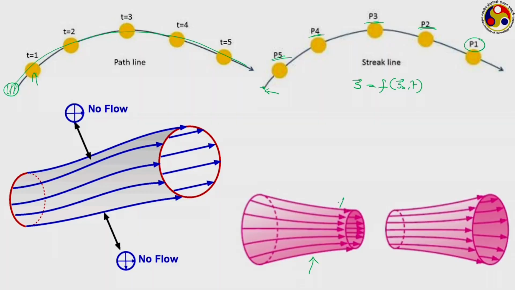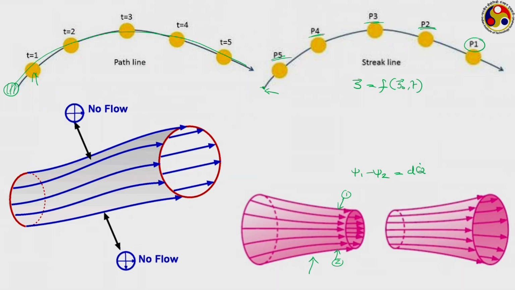If we talk about this particular streamline and this particular streamline, give this one name 1 and this one 2, then the difference between their stream function values corresponds to the total volume flow of fluid which is flowing through the stream tube.